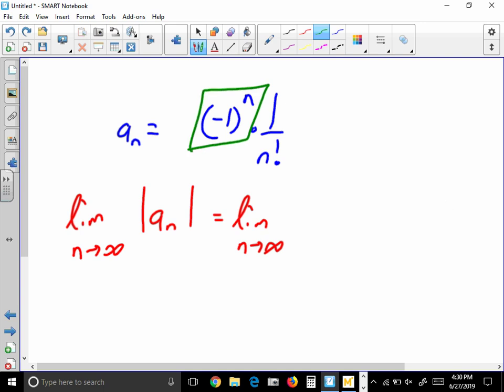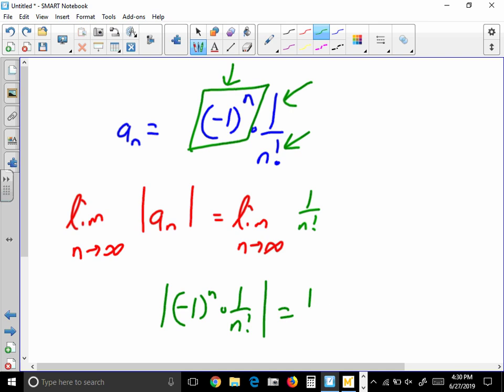That part. Isn't this one here always positive? N factorial is always positive. So the only part of that formula that causes us to be negative at some point is that. So if we take the absolute value, we're just going to make that go away. If we take the absolute value of (-1)^n times 1 over n factorial, when you have a product, you can take their absolute value separately.